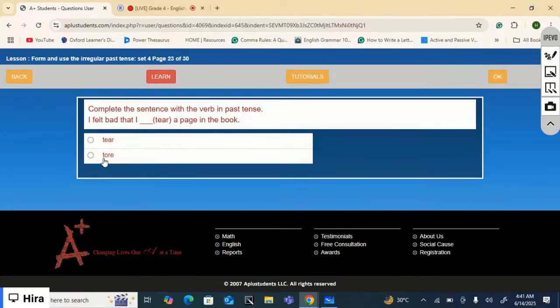Excellent. The correct answer: tore. I felt bad that I tore a page in the book.